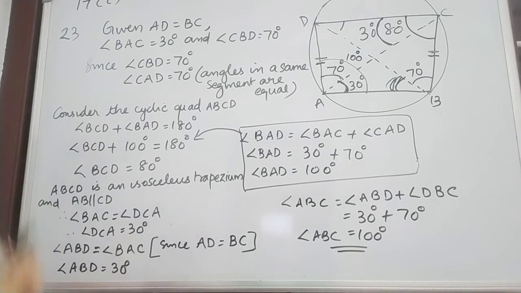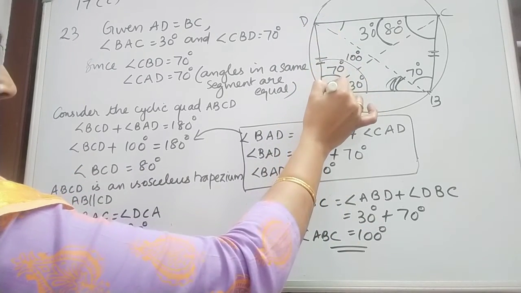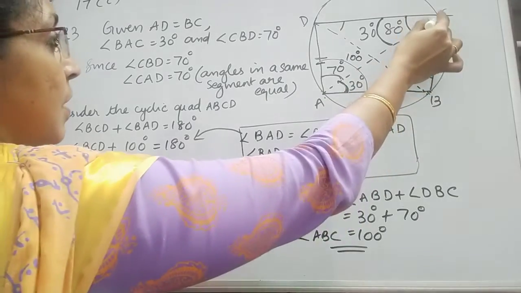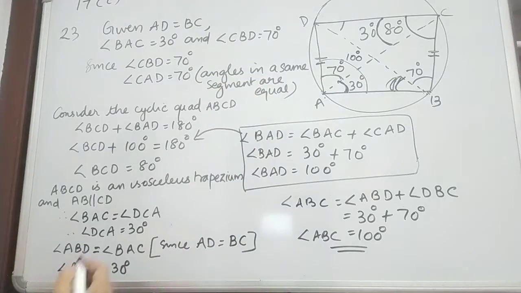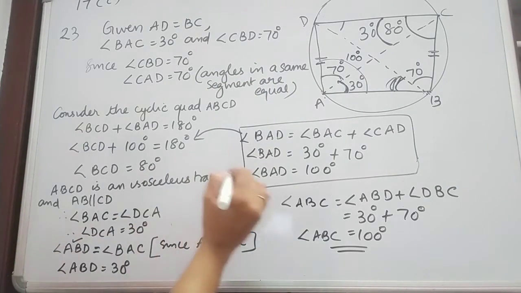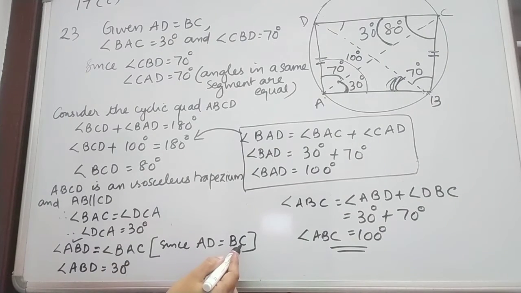I think some confusion is there. Once again I will repeat that. AD is equal to BC. So the angle opposite to this side is ABD, that is ABD will be equal to the angle opposite BC. What about BC?